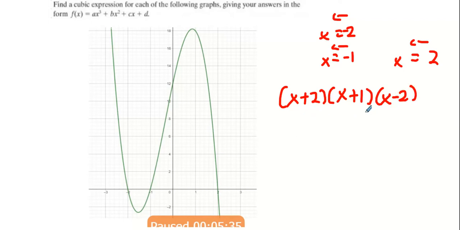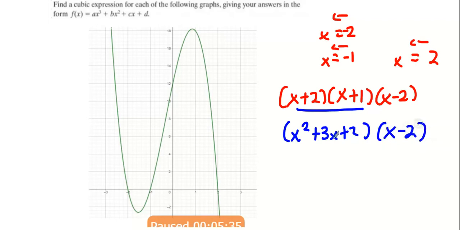Pick any two you want and multiply them by each other, okay? Yeah, go work away. Yeah, so the two of them are x squared plus 3x plus 2, is it? And then you're multiplying that by the x minus 2. 3 in the first bracket, 2 in the second bracket, 6 pieces, right?